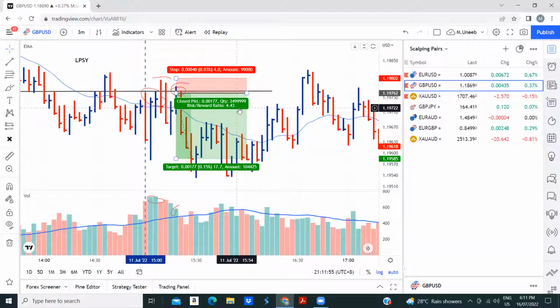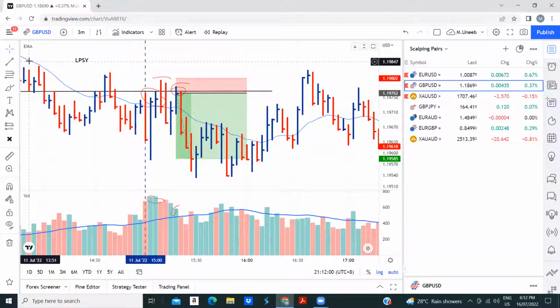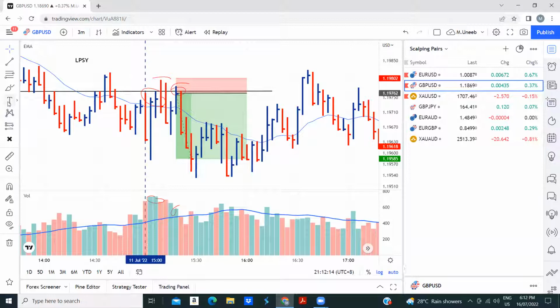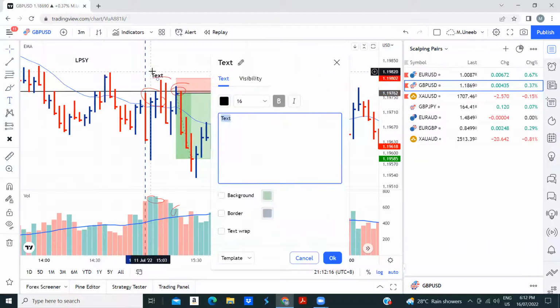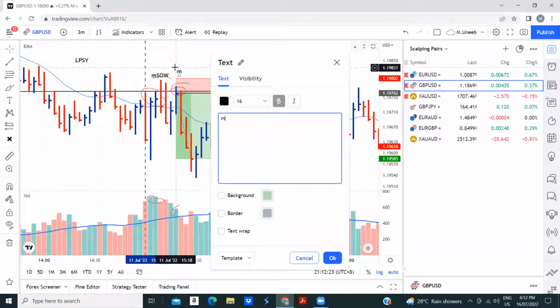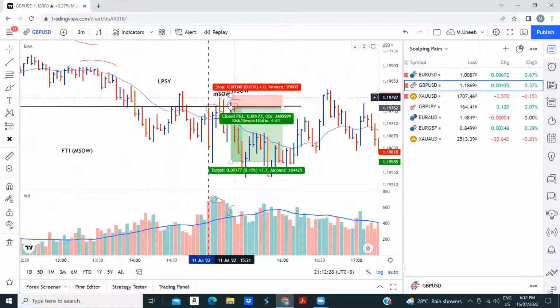Got it? But we cannot consider it as effort versus no result, is it? Yeah, this has the characteristic of effort versus no result, but predominantly from the structure we can say that this is no demand. Anyway, it's a minor sign of weakness.